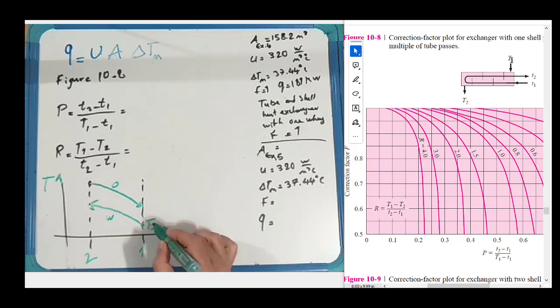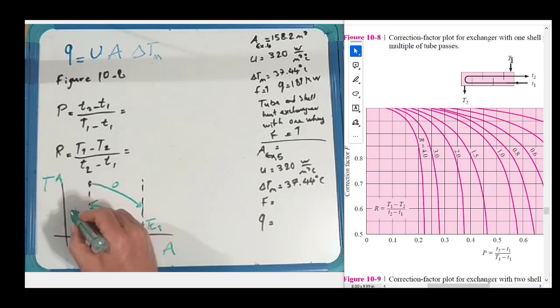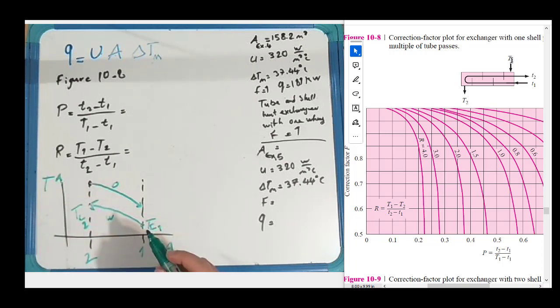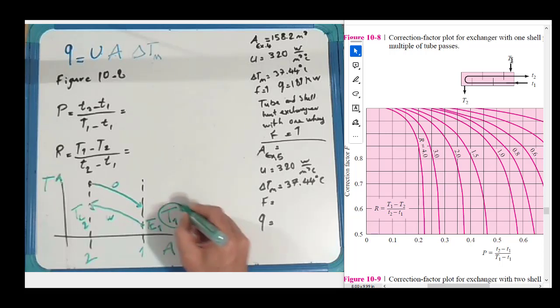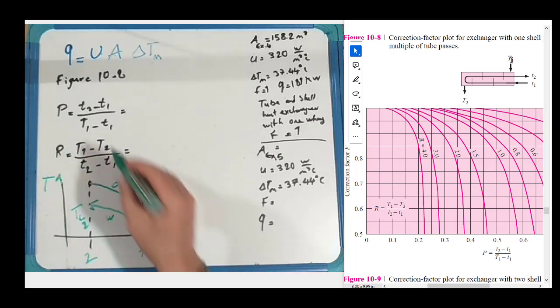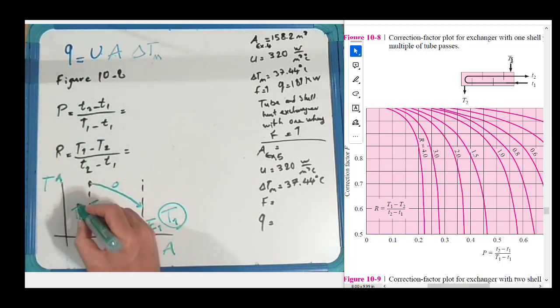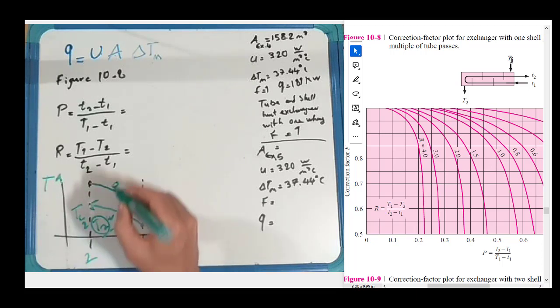So capital T1 is here, and capital T2 is here. You wanted to put it here and here, and this is T2. This is T2 to put it here.